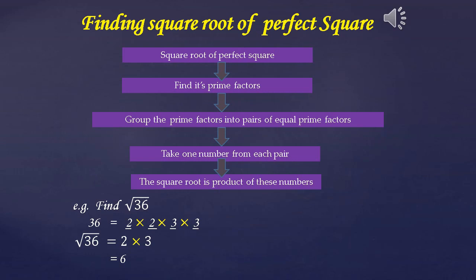Find the square root of 36. Now we will find its prime factors first. Then we'll group the prime factors into pairs of equal prime factors. Now we will take one factor from each pair. Therefore, the square root of 36 is equal to 2 into 3, which is equal to 6.